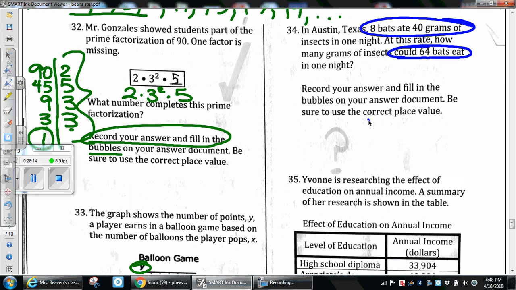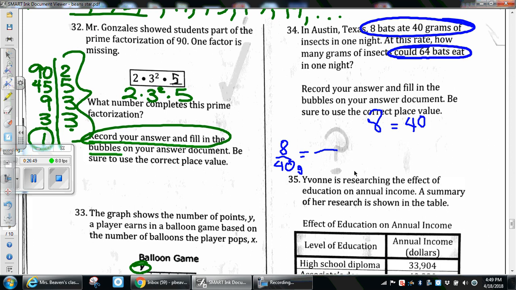So if we have that 8 bats will eat 40 grams, I can place the 40 here, or I can solve it this way. 8, and then for every bat they eat 40 insects. So that ratio, or it could also be an 8 to 40, right? So the question is, how many grams of insects, and this is grams, let's remember that.